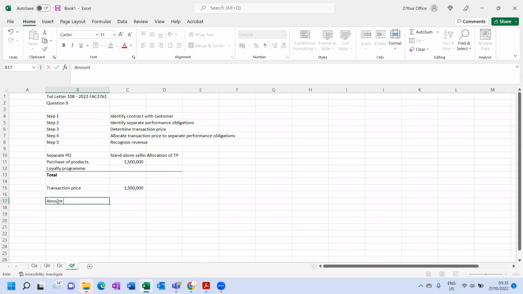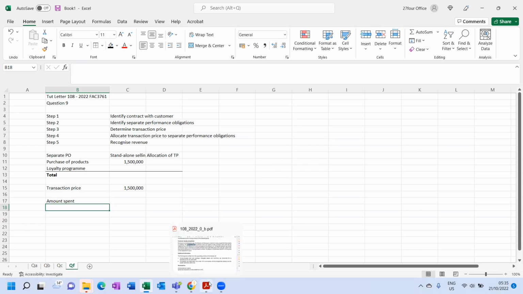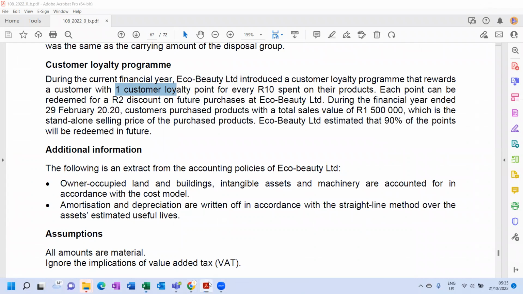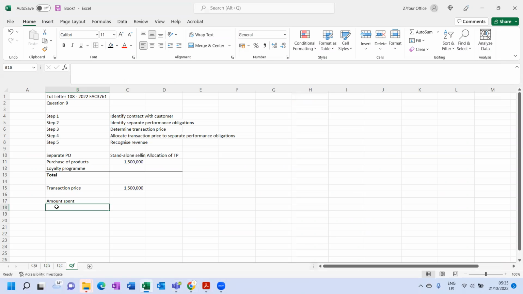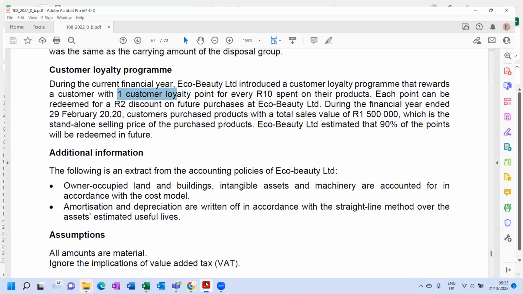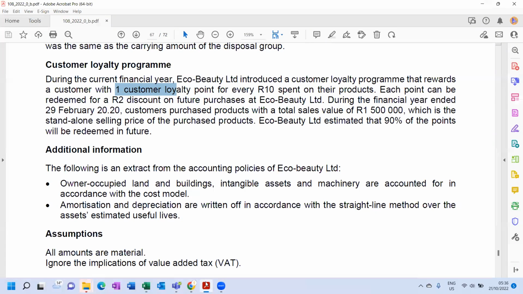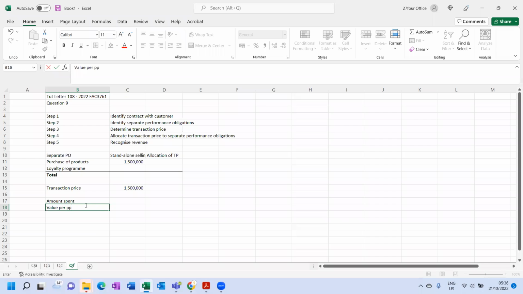Amount spent, value per point. That is going to be 10 rand.